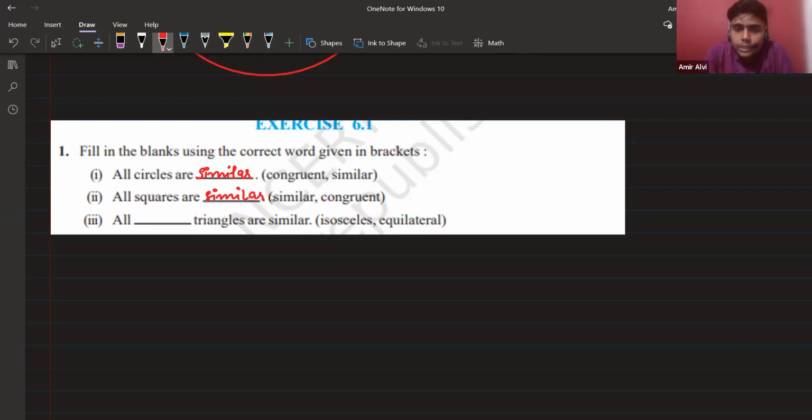Hiba, Abdullah, and Karishma said isosceles, right? Yes or no? Faz is saying equilateral. They're equilateral. Okay, don't change your answer. If you said isosceles, stay with your first answer. You're not getting any reward at this point of time, but think a little bit and then answer.